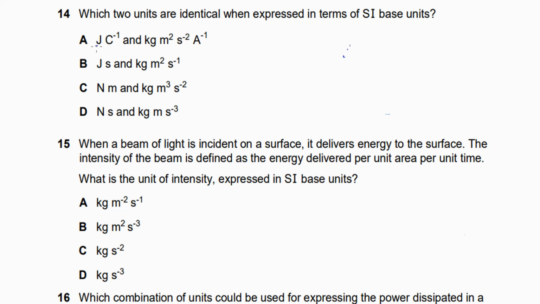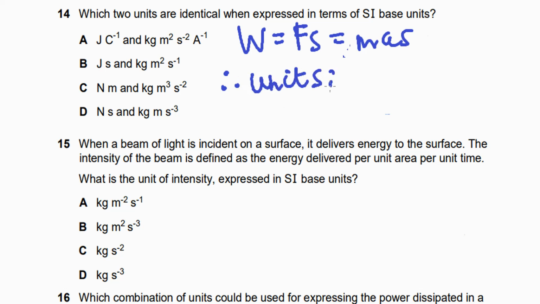Now, we know that the joule is the SI unit for energy. And we know that energy is work done, which is force times displacement, which is MAS. And so the SI base units for work done will be kilograms meters per second squared times meters for displacement.